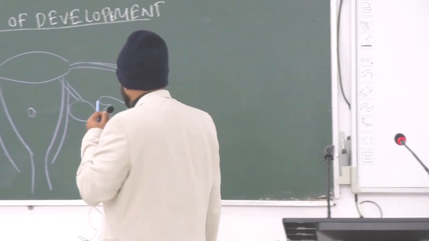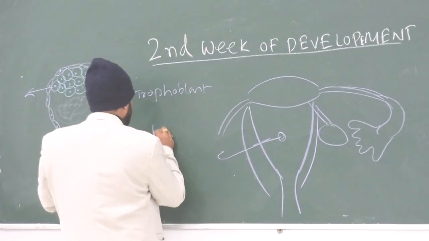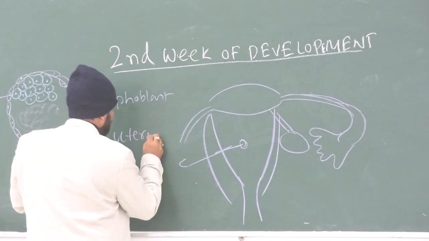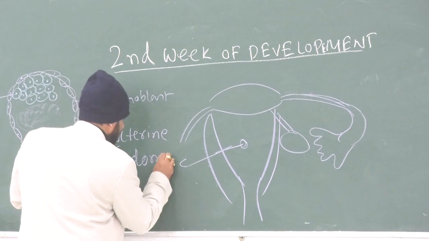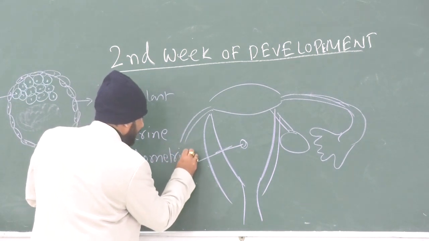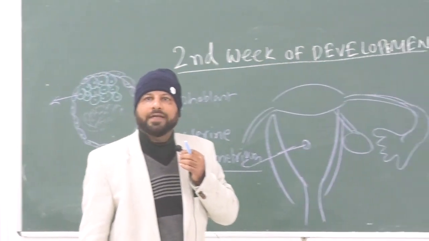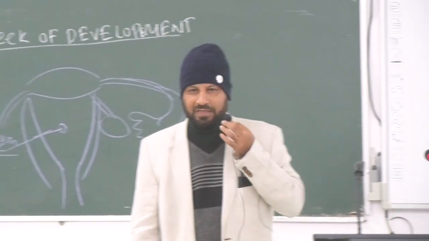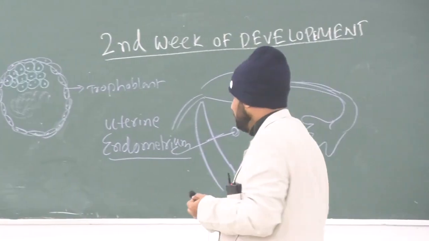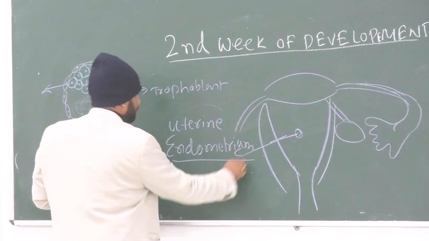But grossly it is not the uterine cavity, it is the uterine endometrium. There is a myometrium, perimetrium and endometrium. The actual site of implantation is the uterine endometrium.